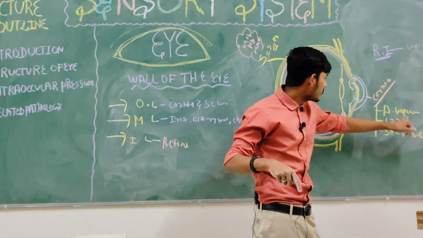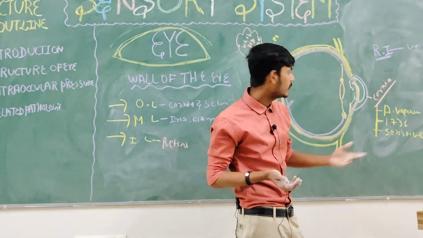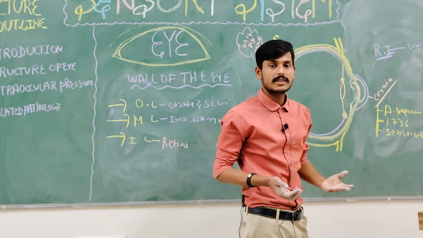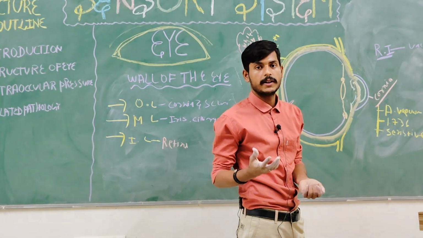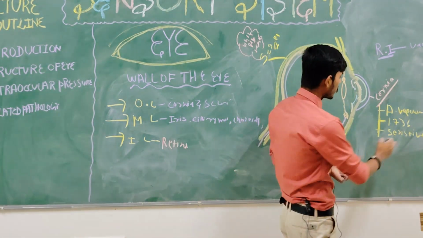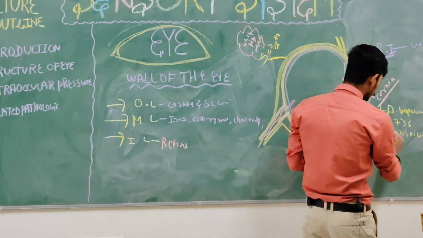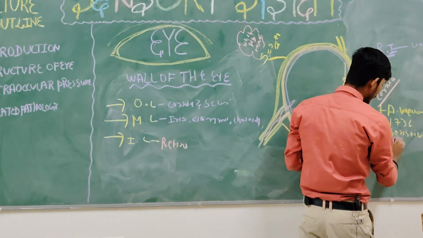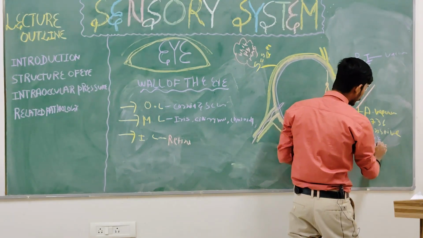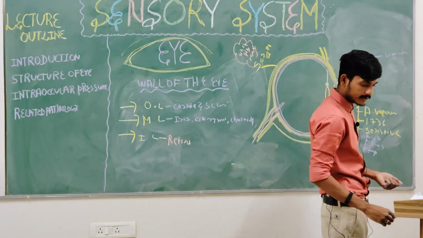Most of the light which comes, they are very sensitive toward the light. The refractive index is basically the property of a material about the light. So it's 1.76. They are highly sensitive to light, pain, temperature, anything else.